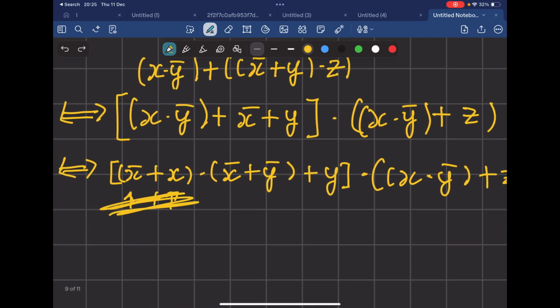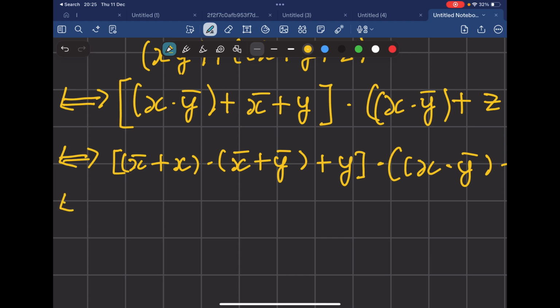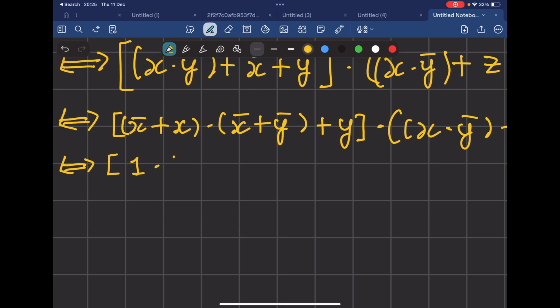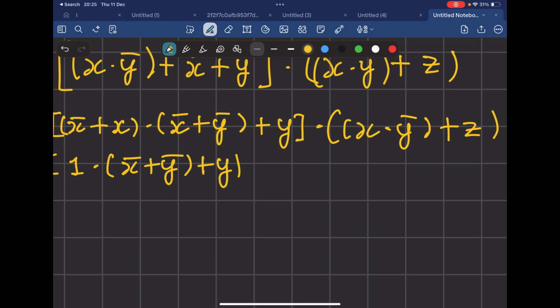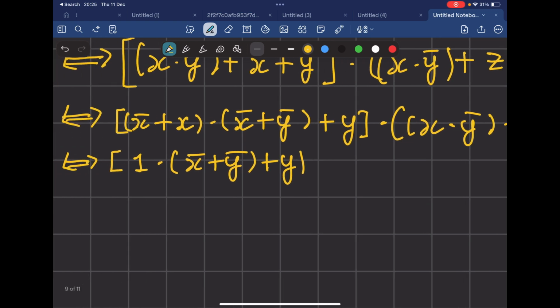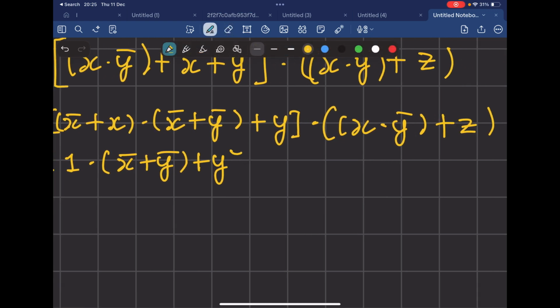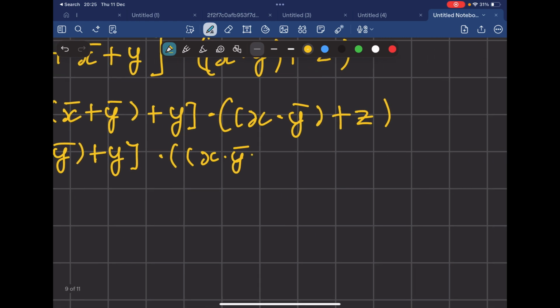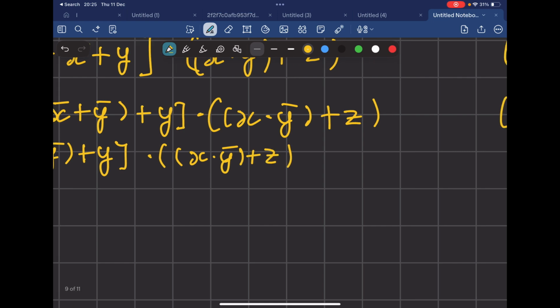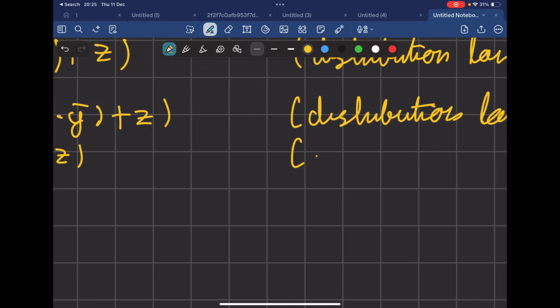So let's do that. It becomes 1, then and, should be a square bracket. So this was the complement law.